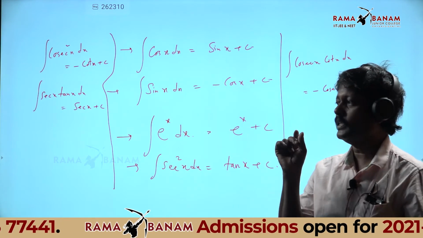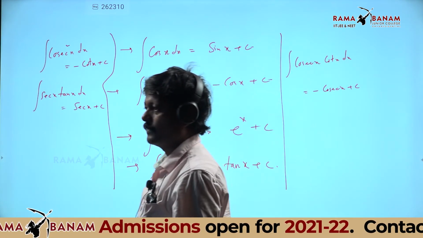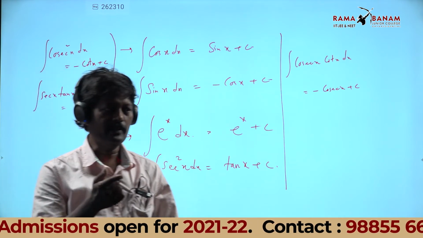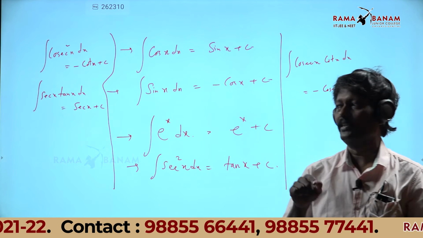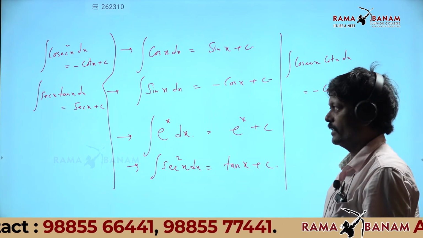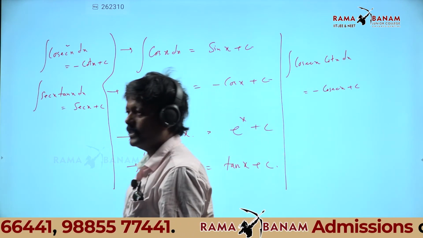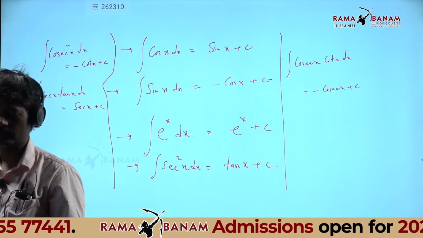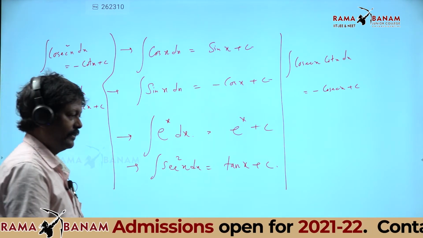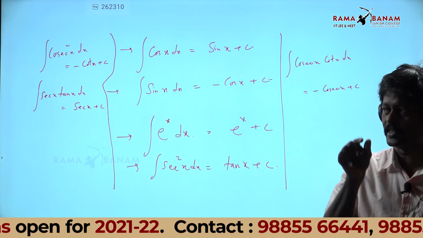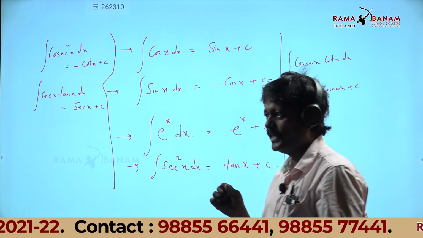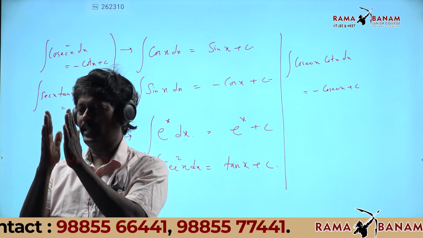If you don't write the dx, you are wrong. What is that y? Length of the rectangle. What is the dx? Breadth of the rectangle. That means you are finding the area of the small strip. Y dx, y dx, y dx.